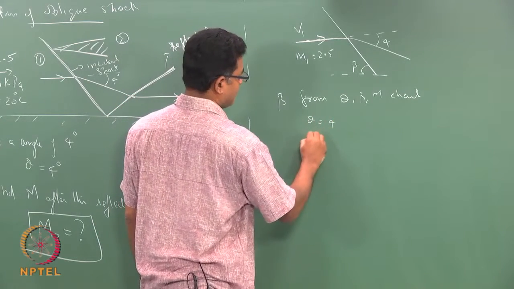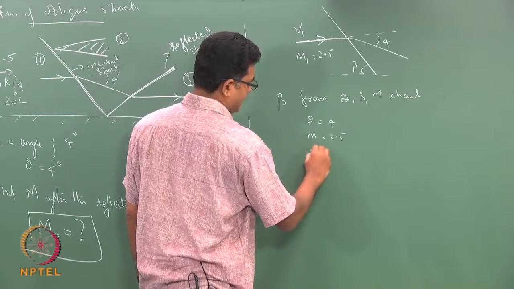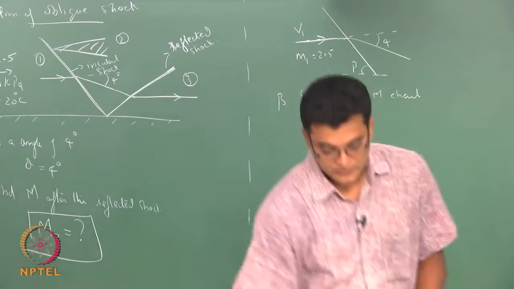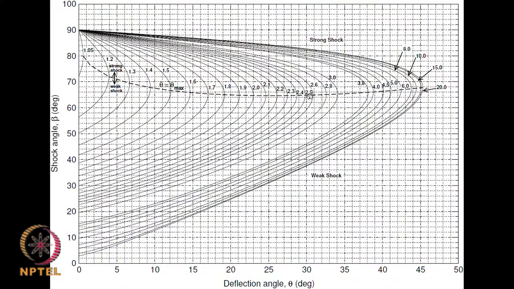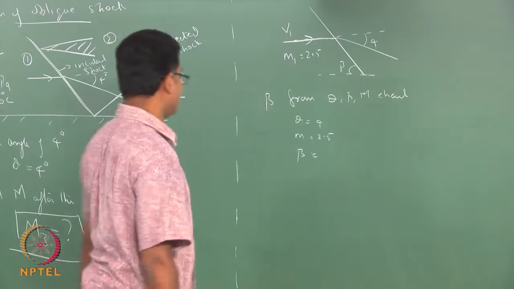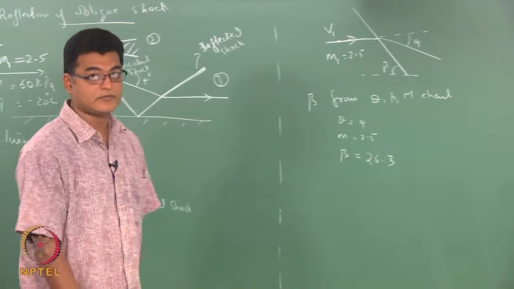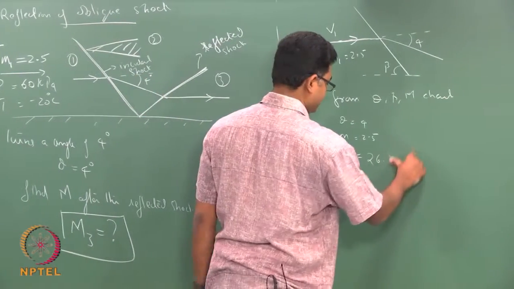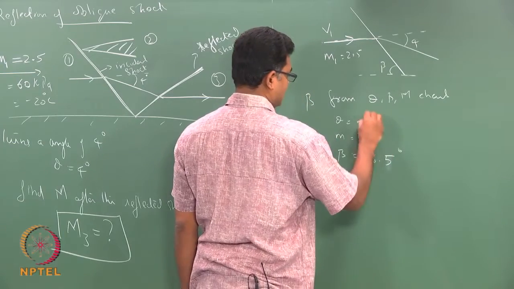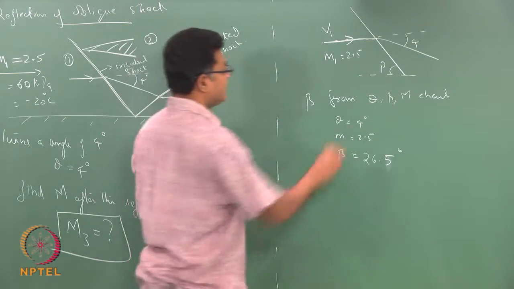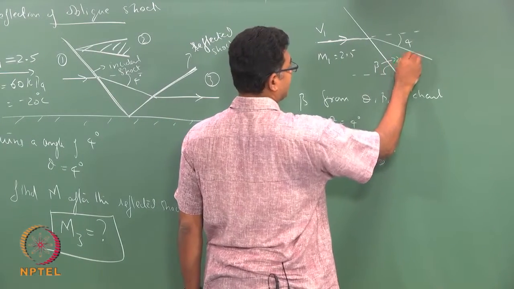For theta equals 4 and M equals 2.5, looking at the chart, I would get my beta as 26.5.